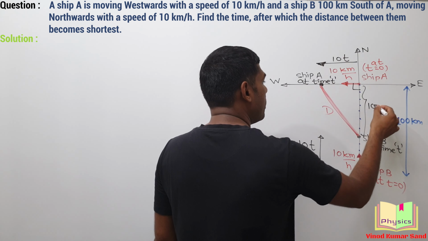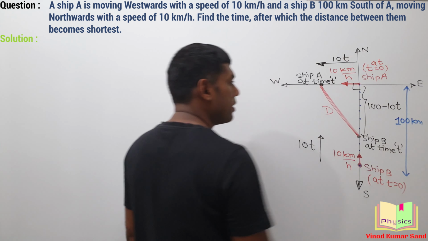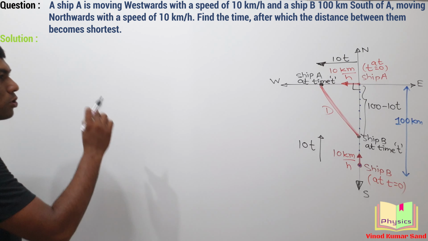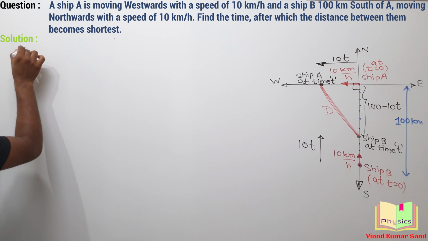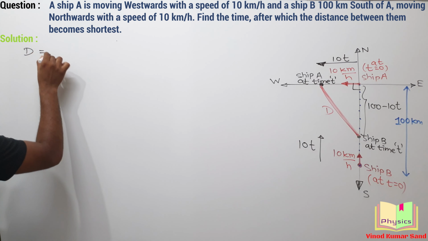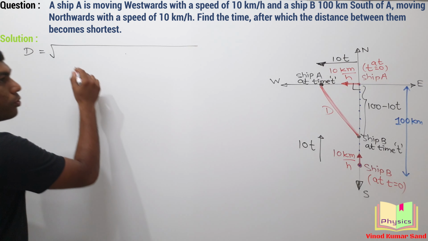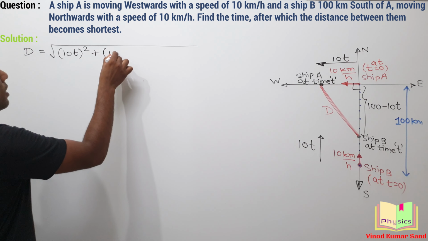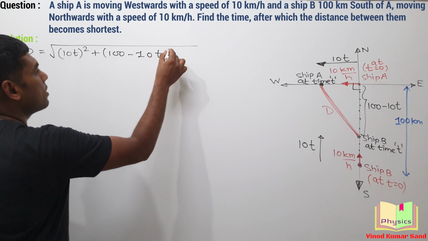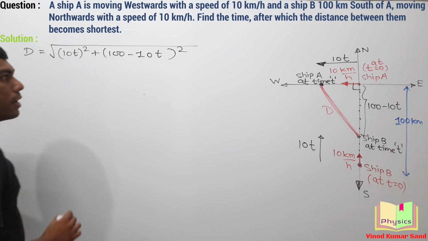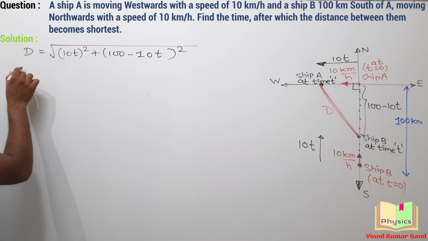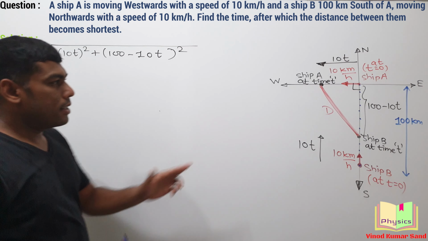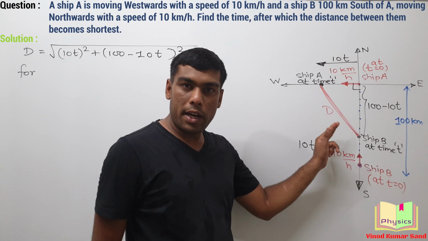This is 100 minus 10t. So, first of all, I am writing that distance capital D. It will be root of (10t) square plus (100 minus 10t) square. Agree?